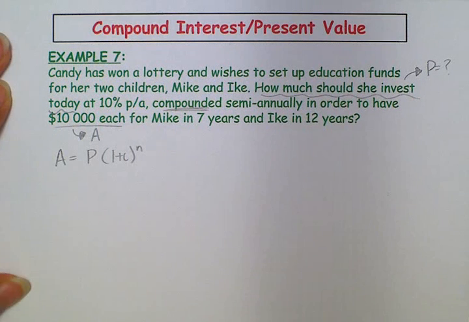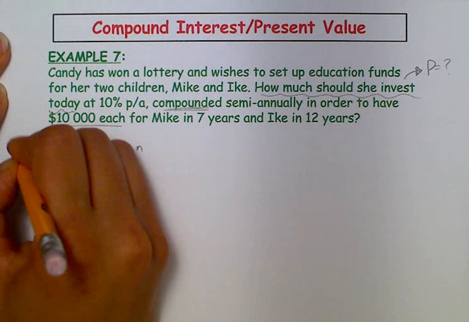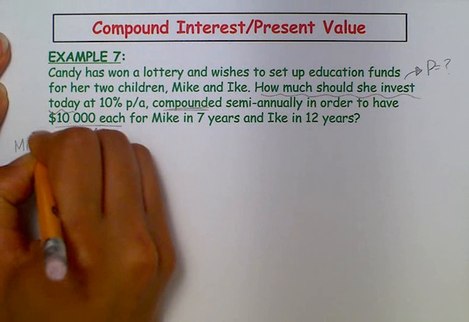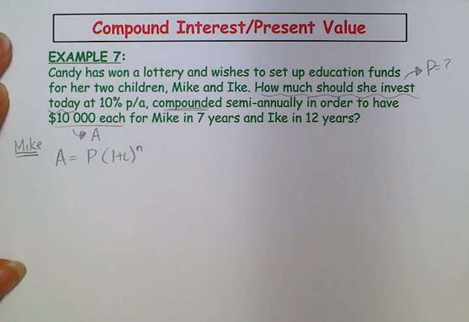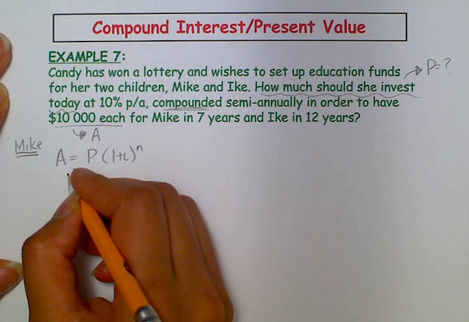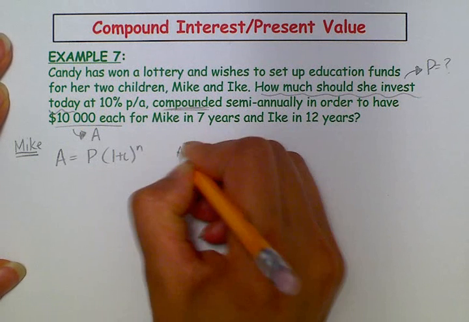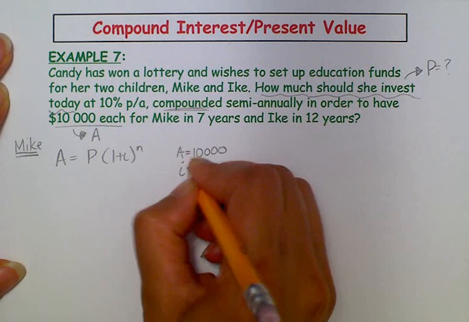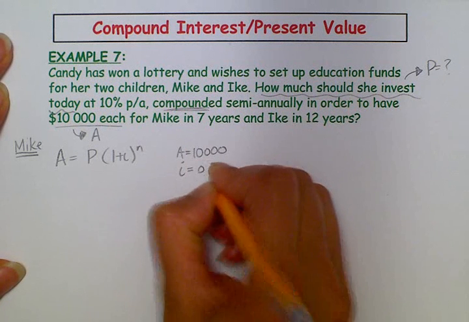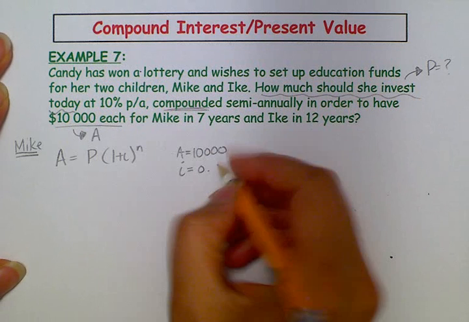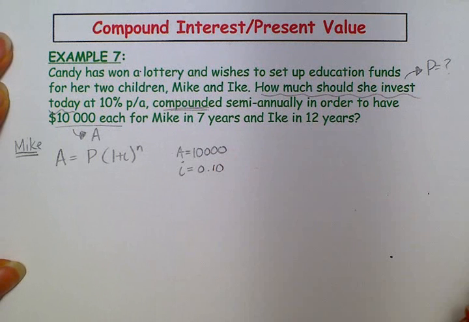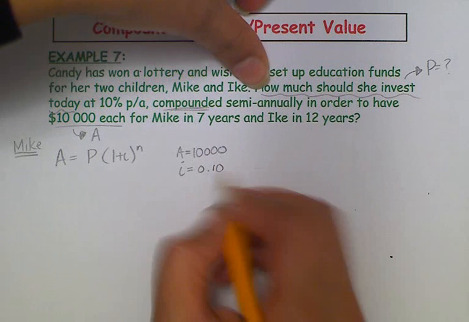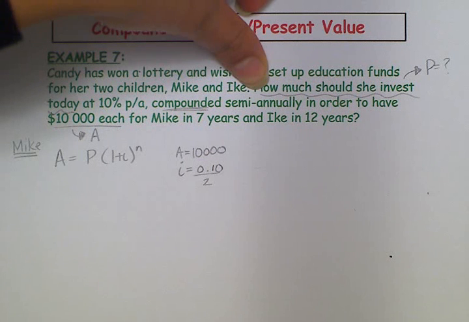And if we look at Mike's situation first, let's take a look at just Mike for now, and then we'll do the same thing for Ike. For Mike, we know that the accumulated amount is $10,000. We know the interest rate is 10%, so 0.10. And we're told that the interest is compounded semi-annually, so we're going to divide that by 2 because the interest is compounded twice a year.